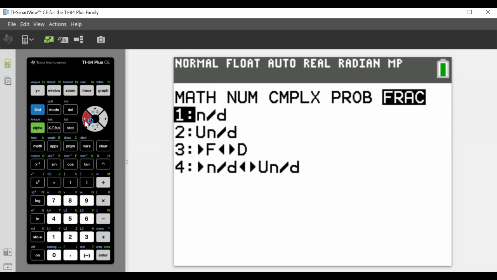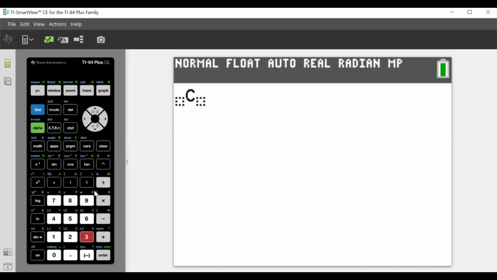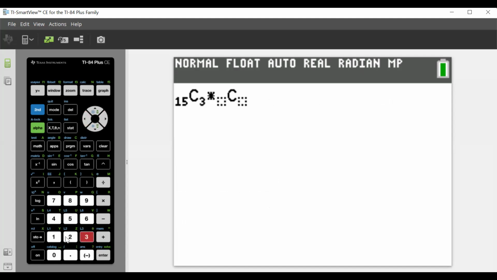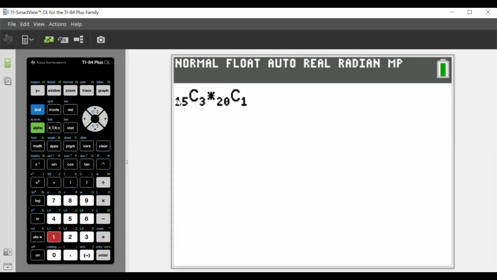All right, let's make sure we have our things in the right places. So 15C3 again times 20C1. So again, really watching what you have up here makes it so it looks good. When I saw 0, I knew I had done something wrong, and so that had taken it and put it in the down below there. So that gives us 9100.